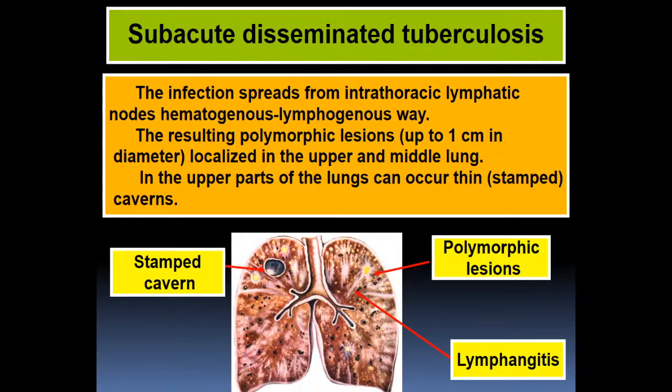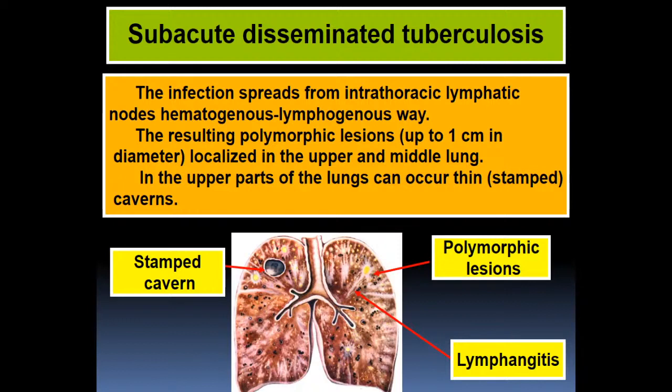Next form of the disseminated tuberculosis is named subacute dissemination. In this form of tuberculosis, the infection spreads from intrathoracic lymph nodes by the hematogenous and lymphogenous way.